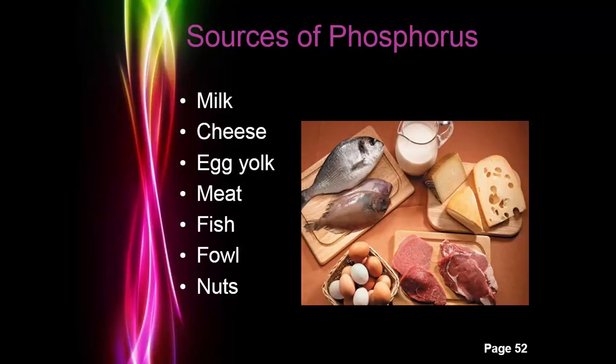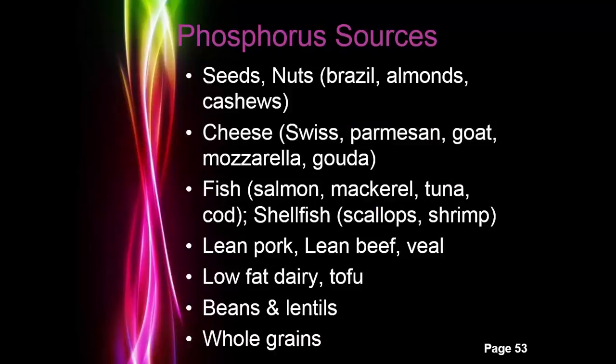These are your sources of phosphorus. In addition, you've got your legumes and poultry. Your fruits and vegetables are low in phosphorus, especially your spinach, rhubarb, bran, and whole grains. And so this is again just showing you other sources of phosphorus.